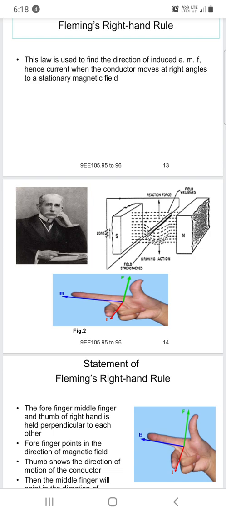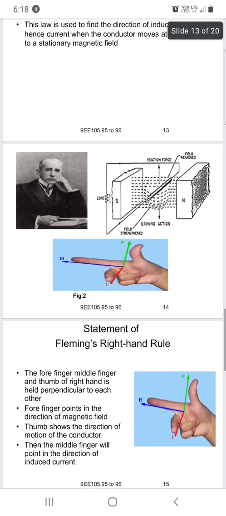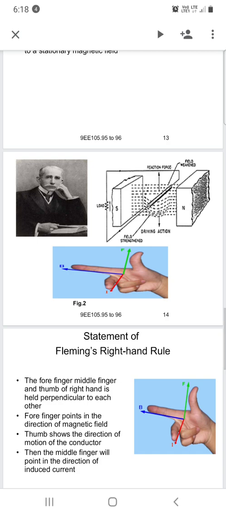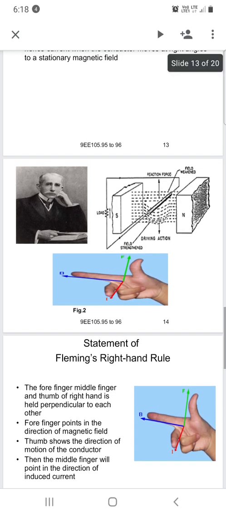If the conductor is placed in the magnetic field, the EMF is produced in the conductor. So it will cause motion in the conductor. That means the conductor will be deflected and will move.